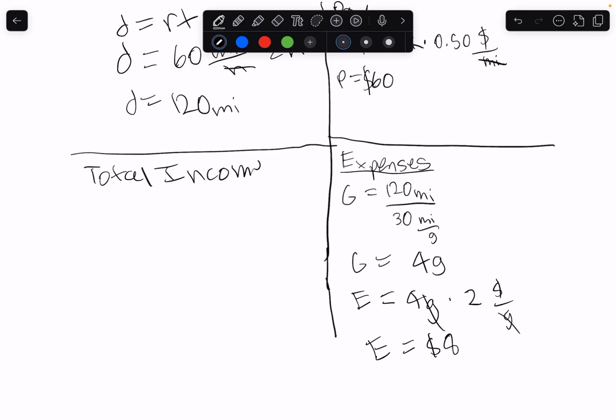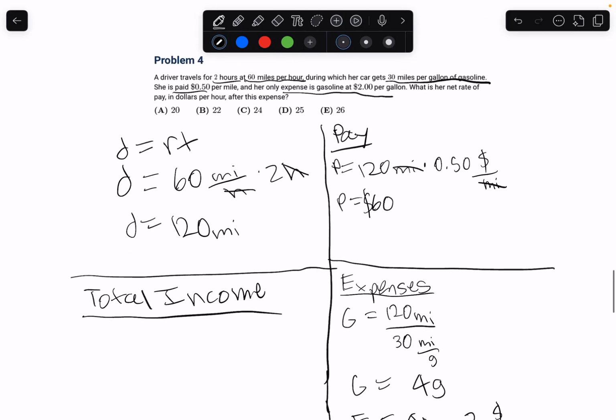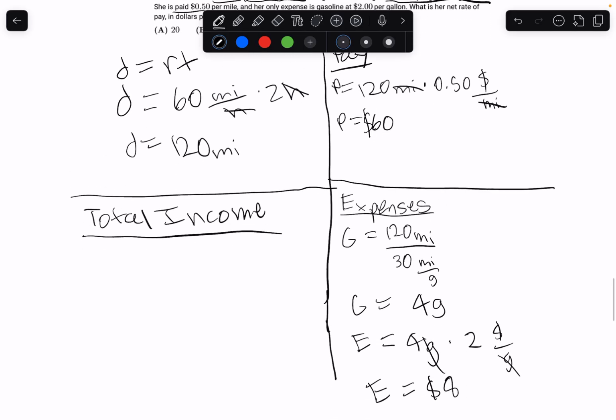Her total income is her pay minus her expenses. So income is equal to $60 of pay minus $8 of expenses, which is $52.